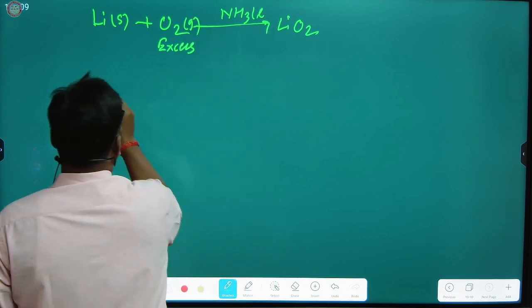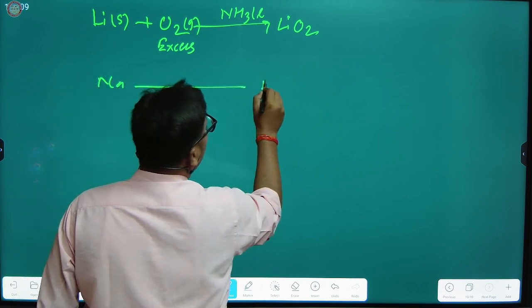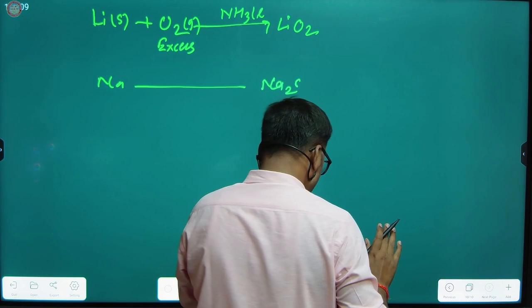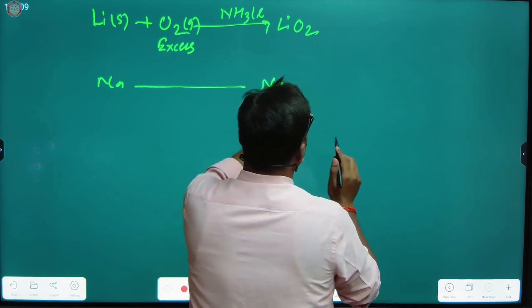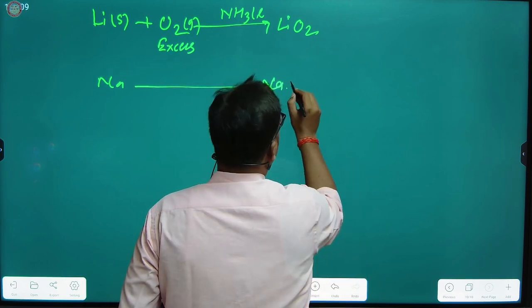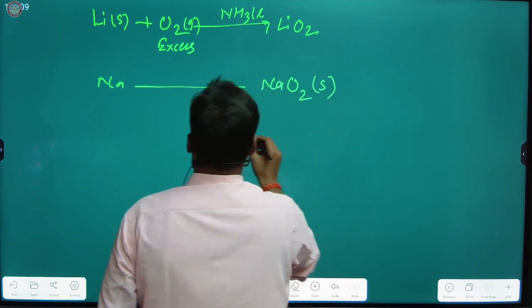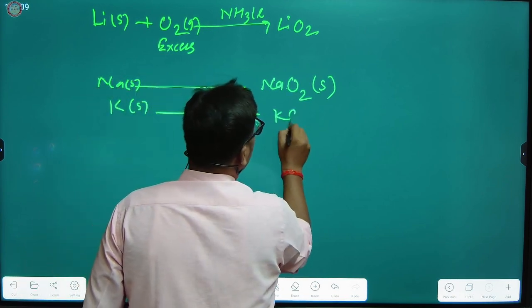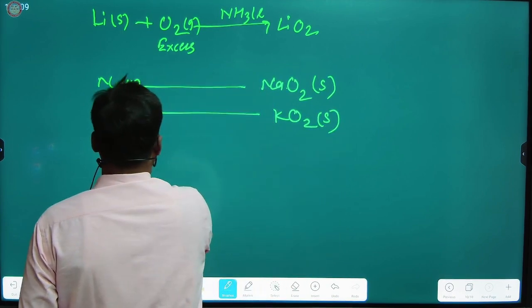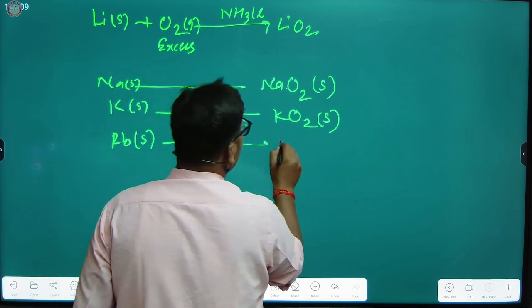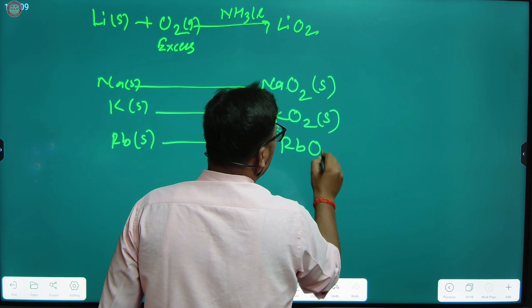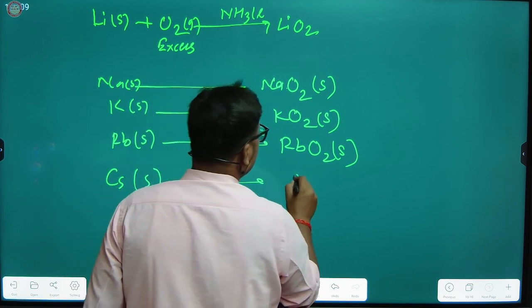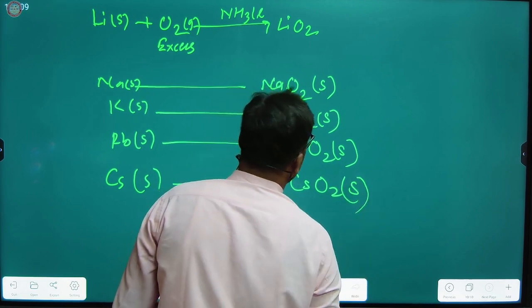So similarly, sodium forms NaO2 in solid state, and potassium forms KO2 in solid state, and rubidium in solid state forms RbO2, and similarly cesium in solid state forms cesium superoxide, right?